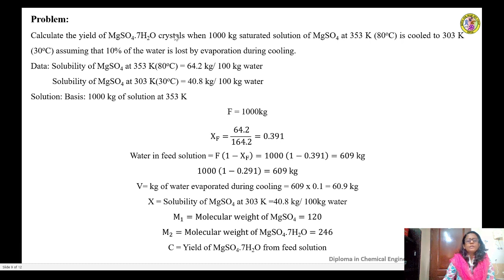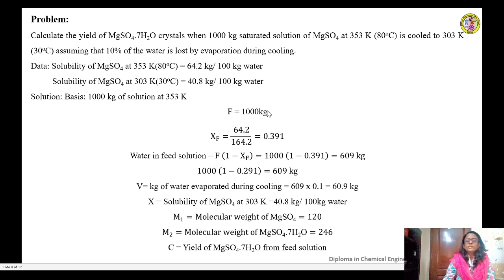So using all this, you are supposed to calculate the yield of the crystals in the operation. The basis for this calculation is the amount of feed that is entering the crystallizing equipment. So 1000 kg of solution at 353 Kelvin enters the crystallizer.